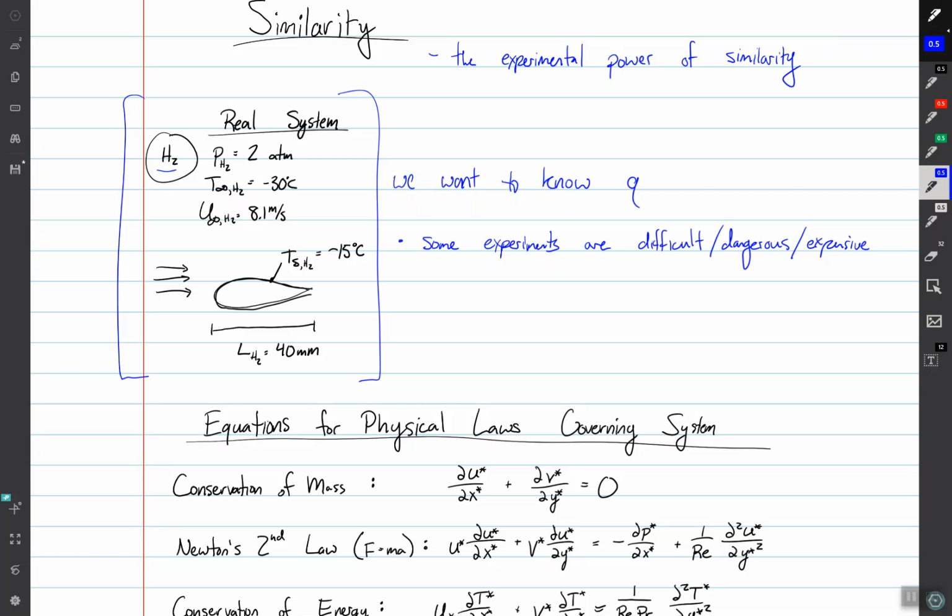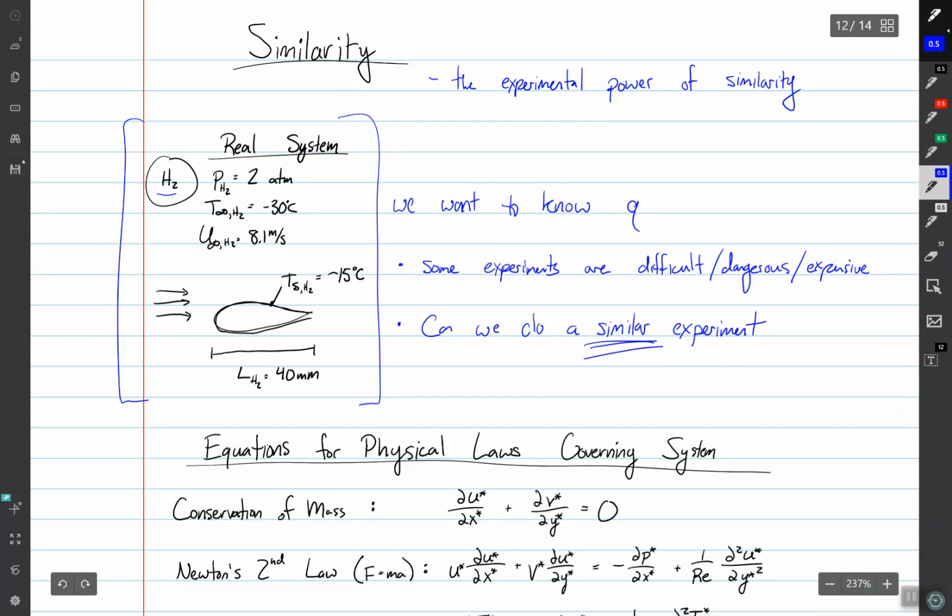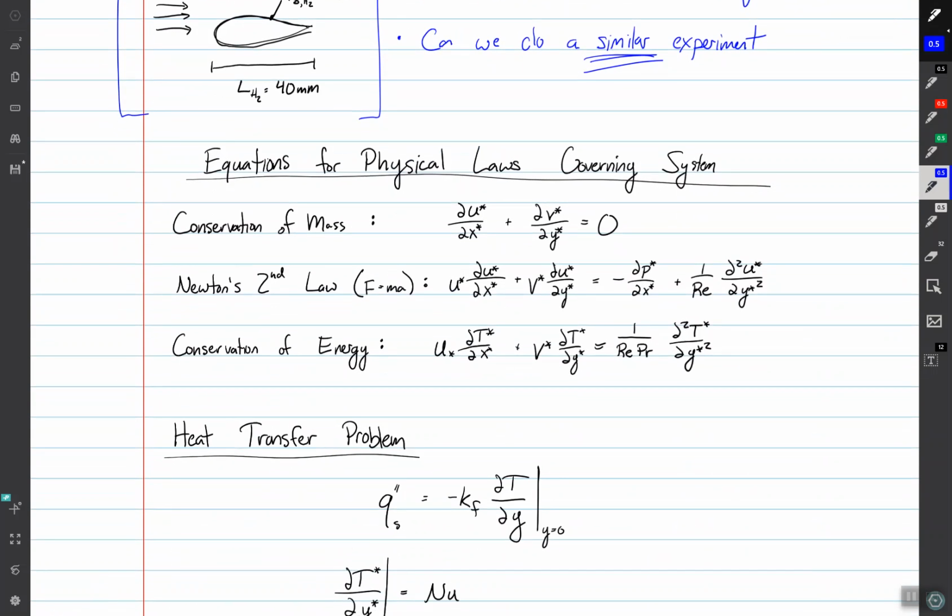So the question that we're going to ask is, can we do a similar experiment? And I'm going to underline the word similar because this is really the key concept here. We're talking about, so you can see at the top, similarity. So what is a similar experiment? If we think back to what's happening, physics is happening, as physics tends to do.